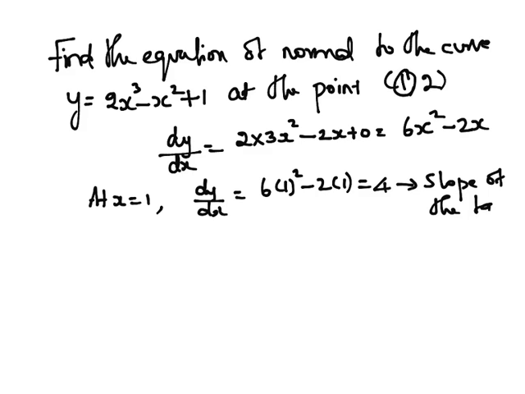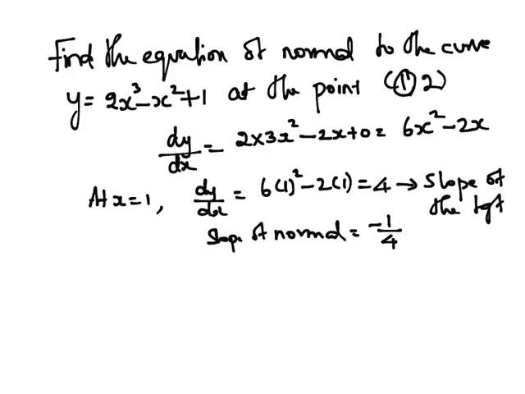We just learned that a normal is a straight line which is perpendicular to the tangent. So if 4 is the slope of the tangent, then the slope of the normal will be the negative reciprocal of 4, which is -1 by 4. So the slope of normal is -1 by 4.